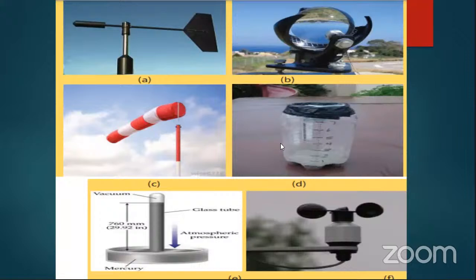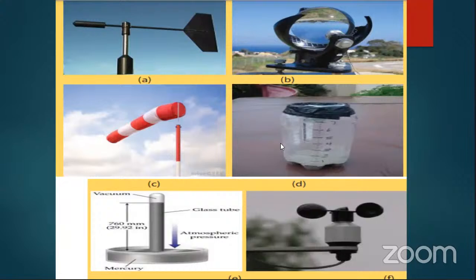On my next slide, I want you to identify the element that is measured by each of the following instruments that we have identified. For example, this picture A, you told me it is a wind vane.